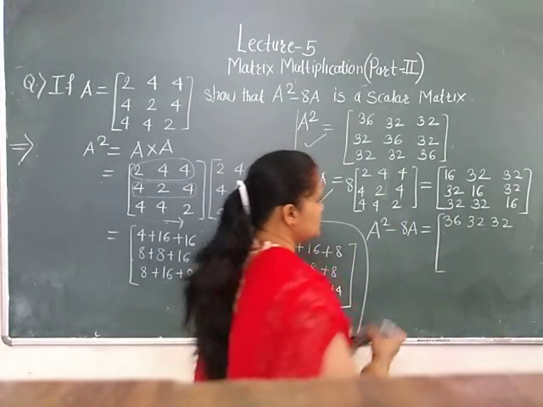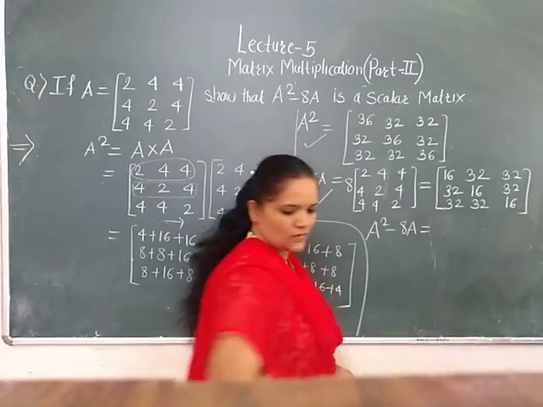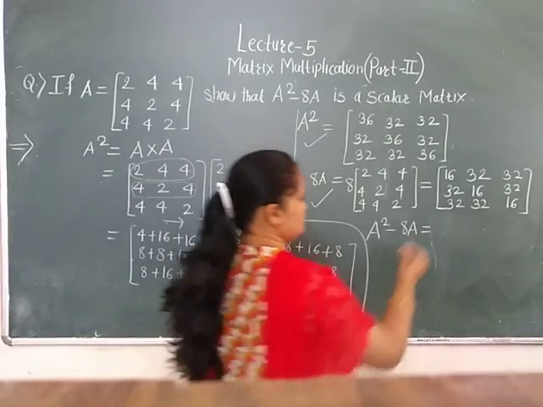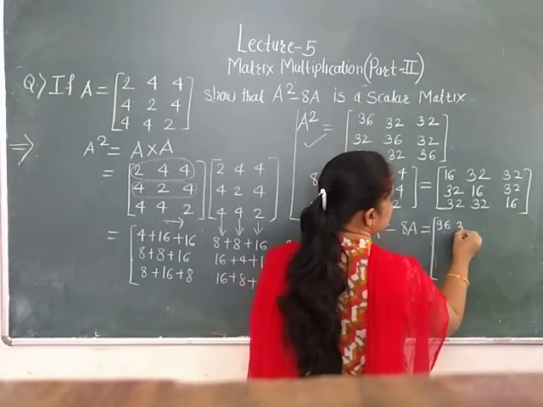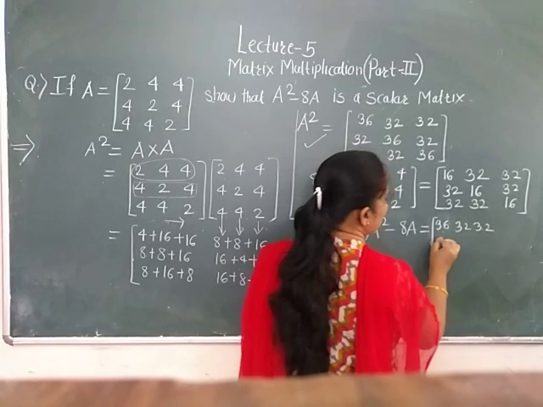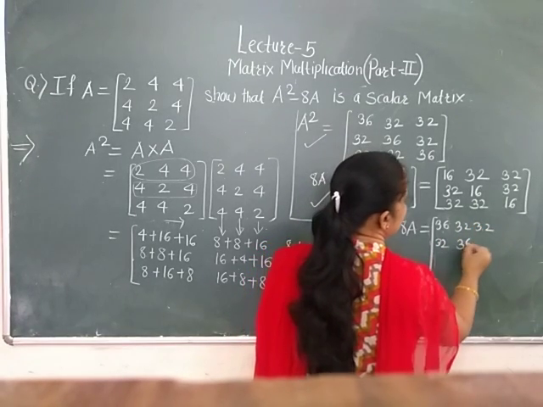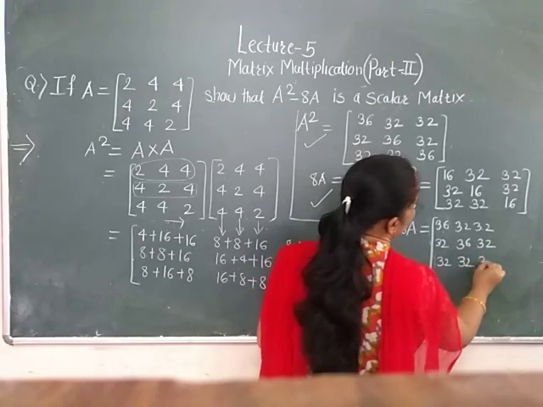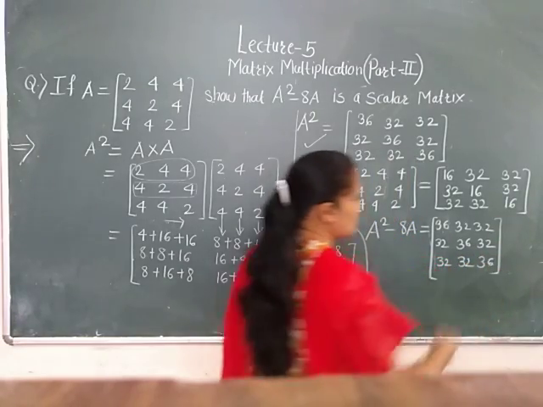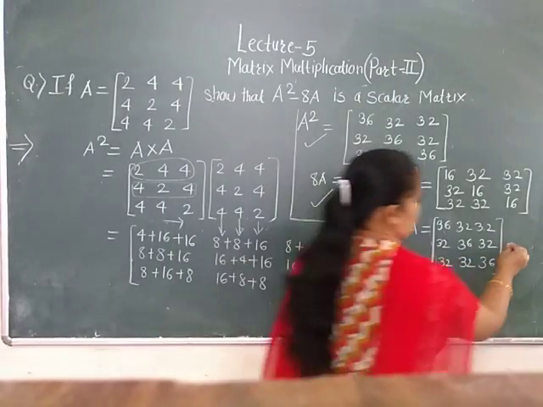I will write here. So, it is 36, 32, 32, 32, 36, 32, 32, 32, 36, minus.